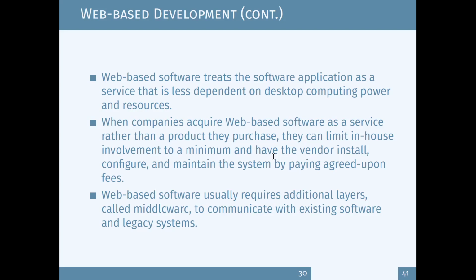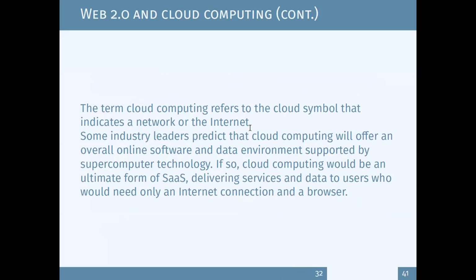But remember, with web-based software you usually need additional layers we call middleware, to communicate with existing software and legacy systems. Right. Cloud computing we usually see symbolized as a cloud.